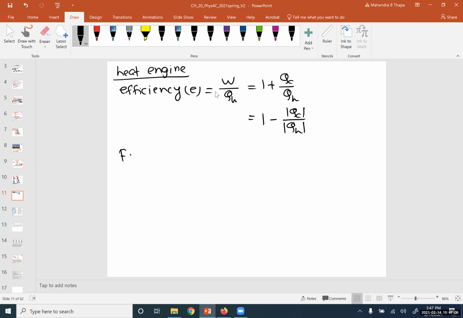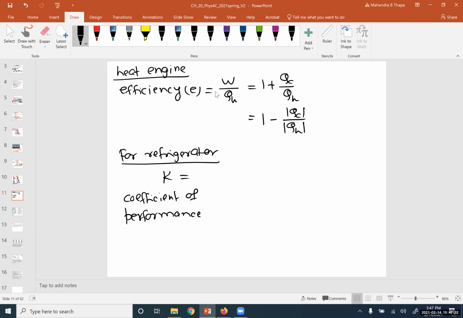For the refrigerator, we define the coefficient K, called the coefficient of performance, as QC over work, which we can write as QC over QH minus QC.